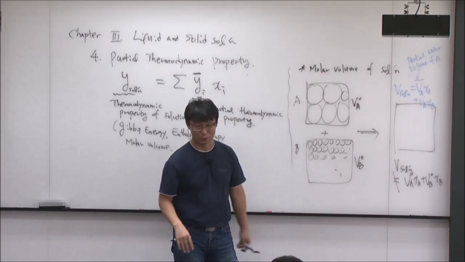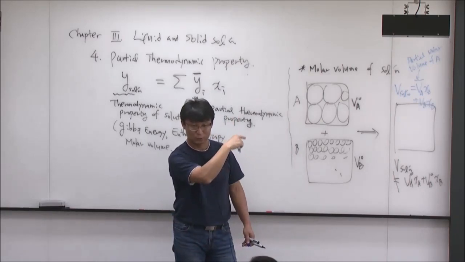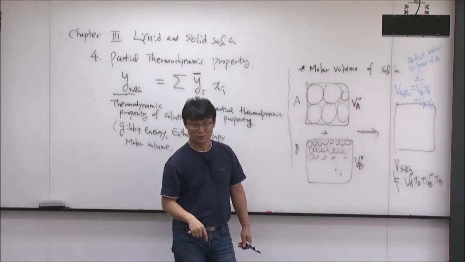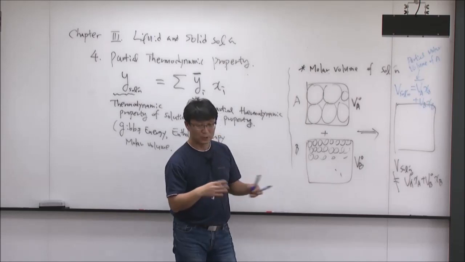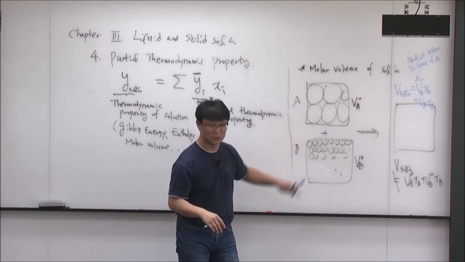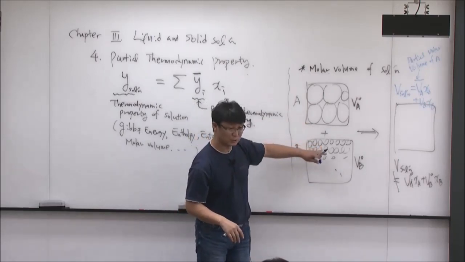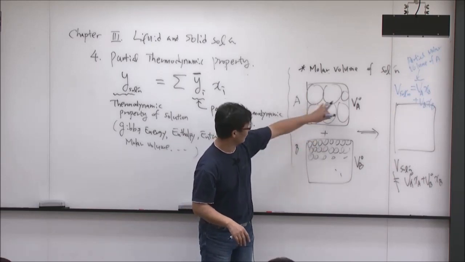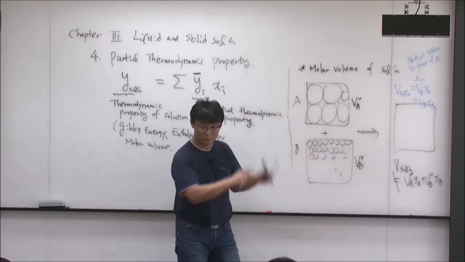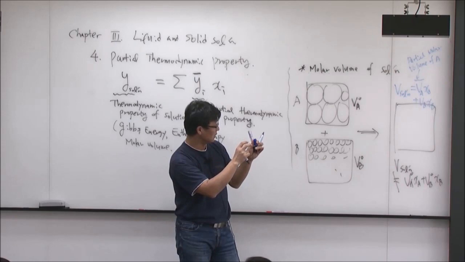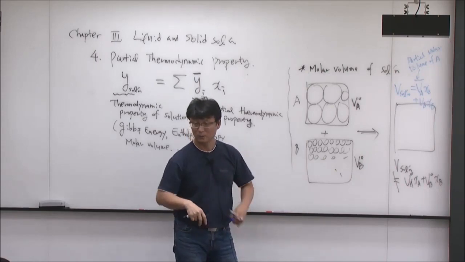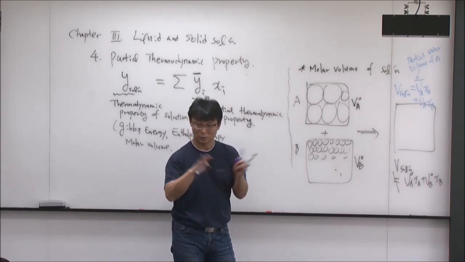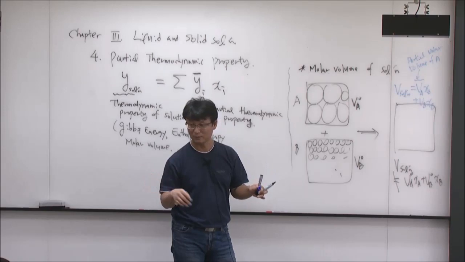one ball of B wouldn't even change the molar volume, because it can enter one of the spots, okay? And now if you keep going to 50%, then some of the small balls can go inside, into the empty spots between the bigger balls, but some of them cannot go, because all the empty spots are already occupied by the smaller ones.